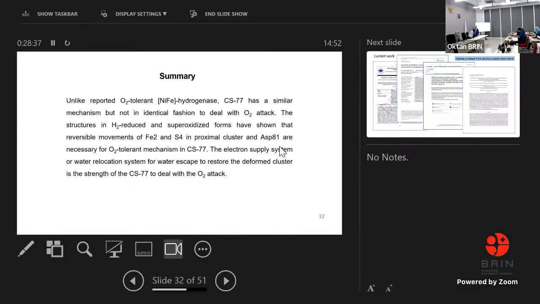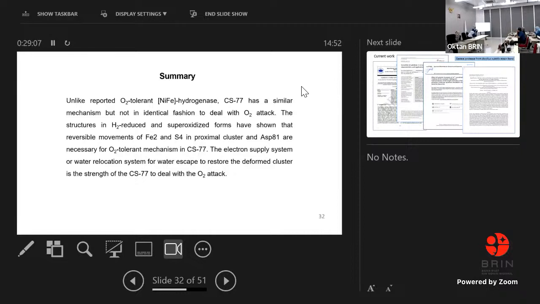Unlike reported oxygen tolerant hydrogenases, S77 has a similar but not identical mechanism to deal with oxygen attack. The electron supply systems and the water relocation systems that they have help the water to escape from or restore the deformed cluster.